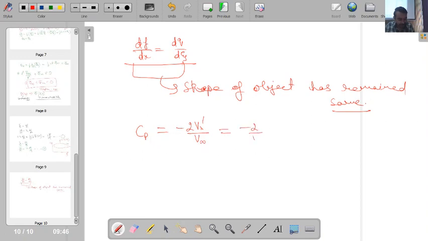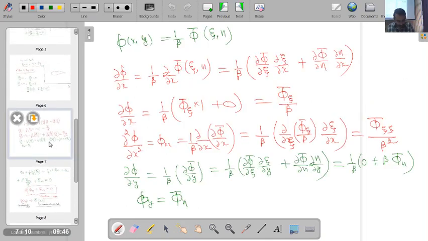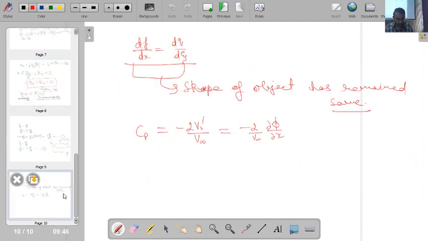Vx dash is nothing but del phi by del x. And del phi by del x, how to relate it in terms of zeta eta, just now we have seen. What is del phi by del x? Phi bar zeta by beta. So minus 2 by V infinity into phi bar zeta by beta.